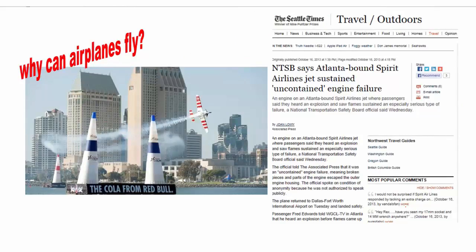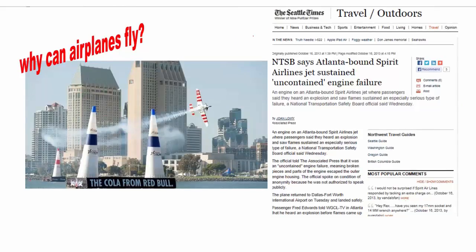Have you ever thought about this? Why airplanes fly? Gas pressure has everything to do with why airplanes can fly. If we have a wing, what's its shape? Well, it's flat on the bottom and curved up on top. Now we know that there's atmospheric pressure everywhere.